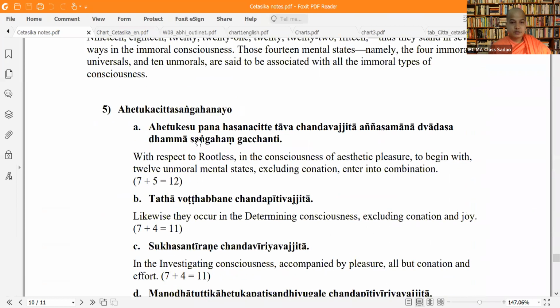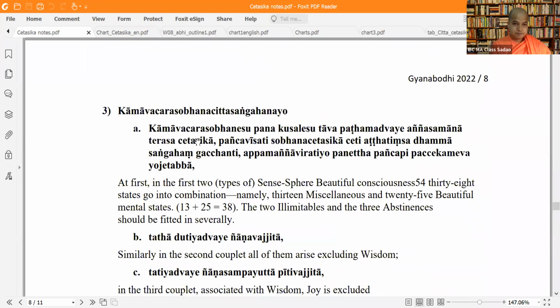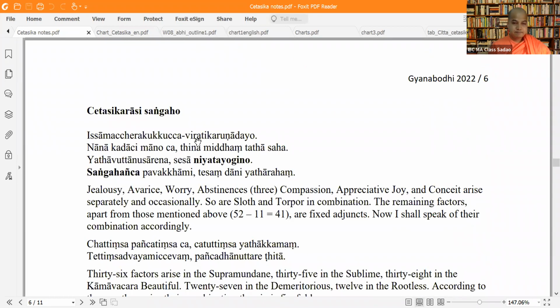You have different classification in the Chaitasika Rasi. Any question with regard to the discussion or your presentation or essay?